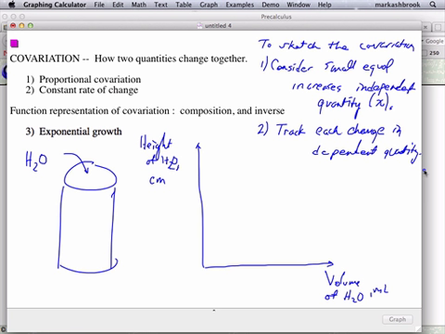And then we want to compare changes. So the third thing is, how does the next change compare to the previous change for adding the same small equal amount of the independent quantity? So then we want to compare each change to the previous change.